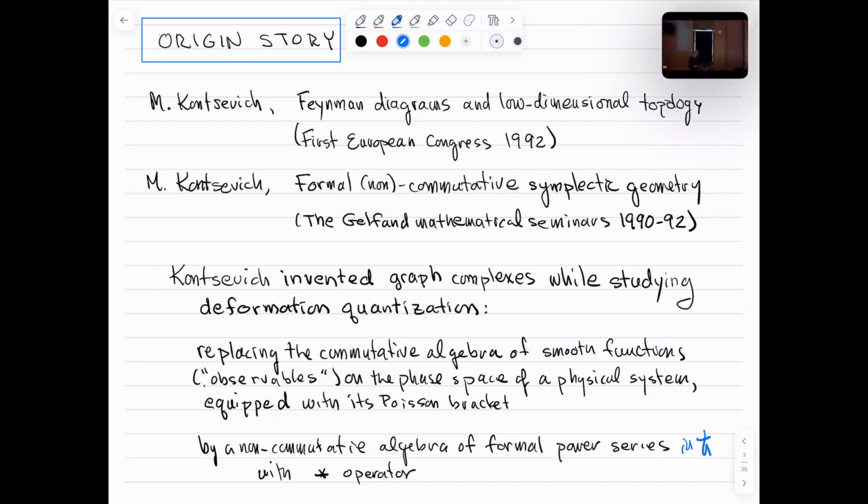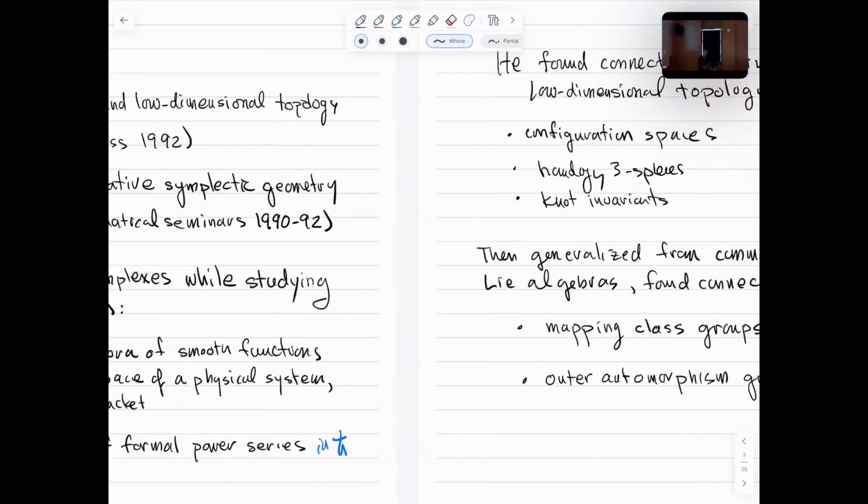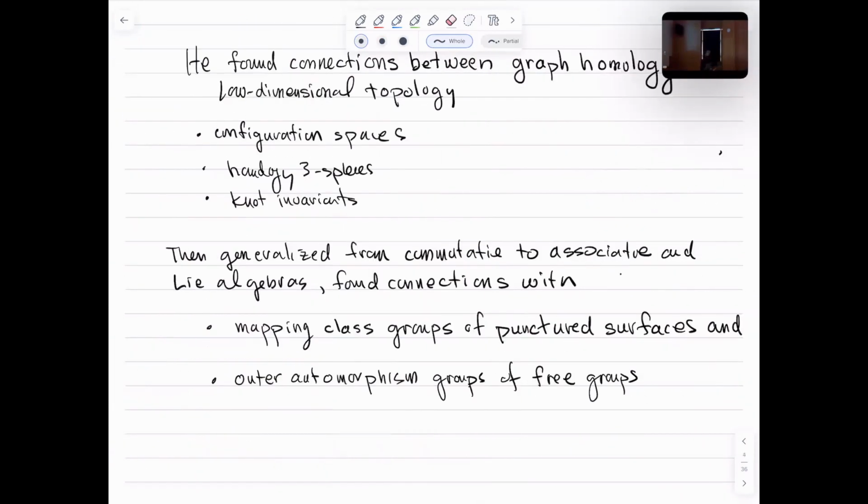That's what he wanted to study, and graph complexes came up naturally while studying this situation. Then he found connections between this graph homology that he invented and various things in low-dimensional topology. That's the name of the first paper.